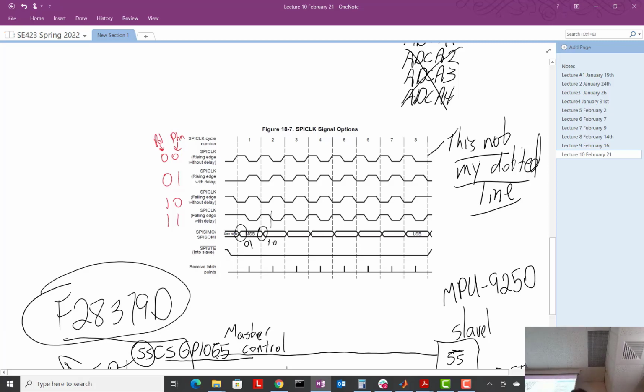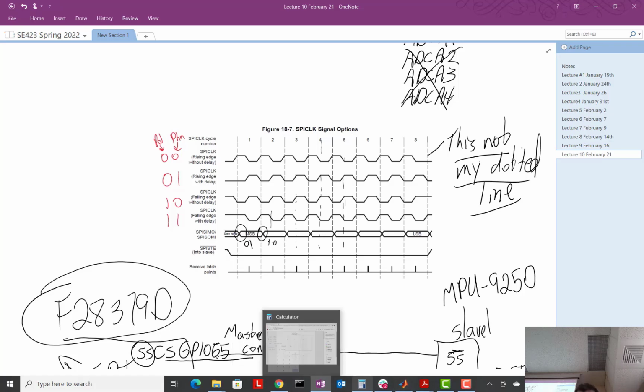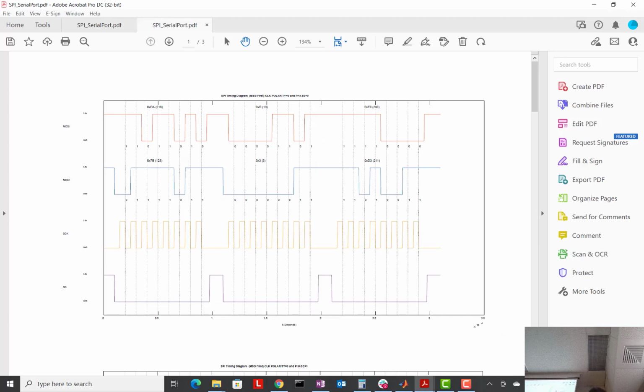My dotted line, as I said, goes to the bit, what the value of the bit would be. My dotted line is in the middle of what I'm showing in the diagrams, because what I want you to do in the homework is go look at this diagram in the PDF and say, all right, what data is going across here?